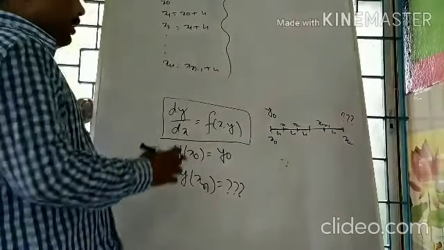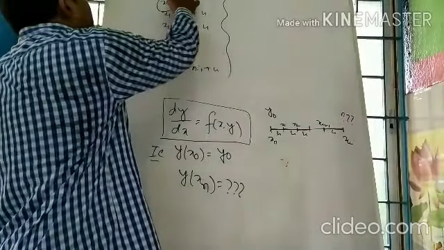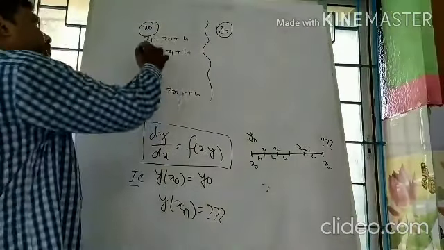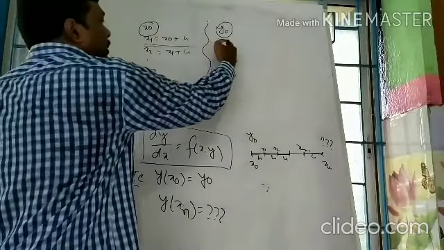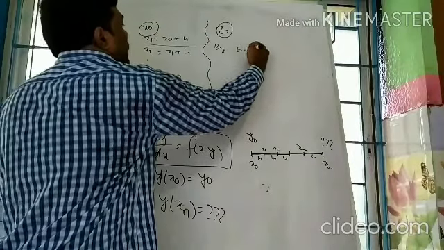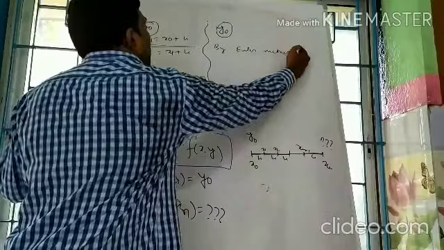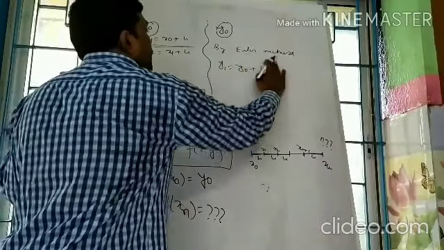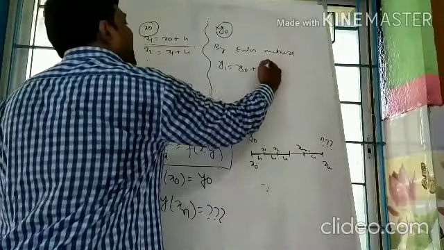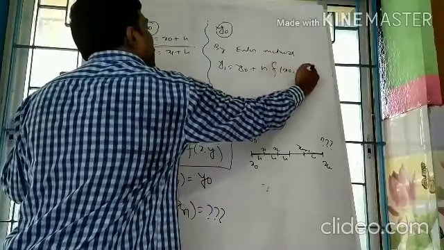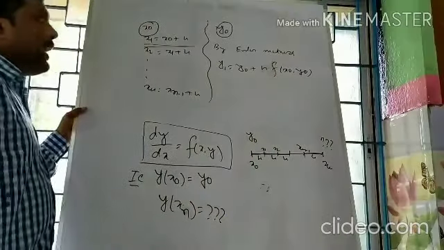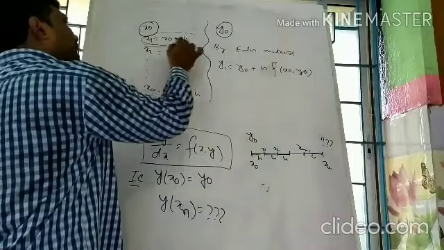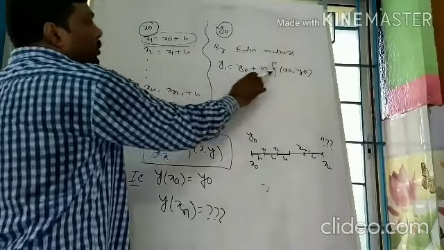Now for Euler method, at the point x0, y is known, that is y0. At the point x1, by Euler method, y1 equals y0 plus h f of x0, y0.